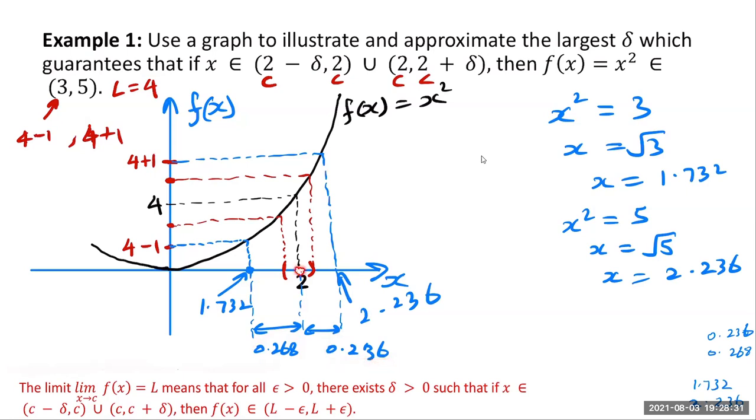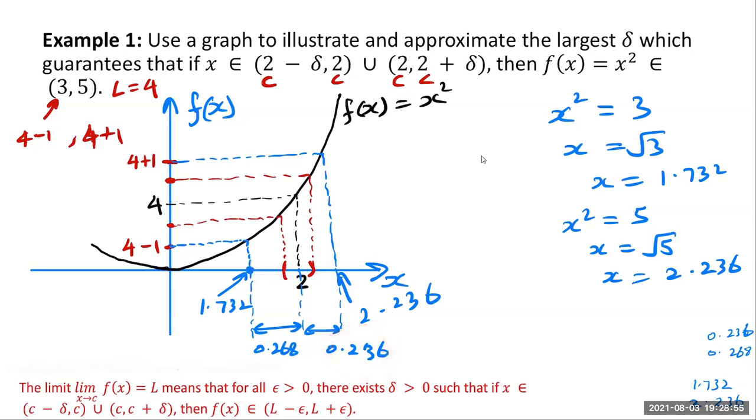That means you can take your delta punctured neighborhood to be this neighborhood. Your delta is this length. If I take my delta to be this length, when I measure the delta to the other side, I'm not passing this point, because the minimum of these two lengths is this one.